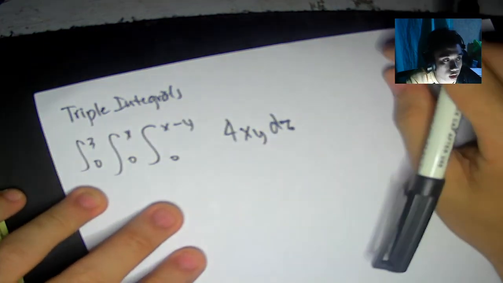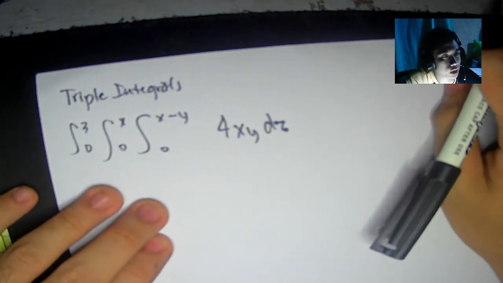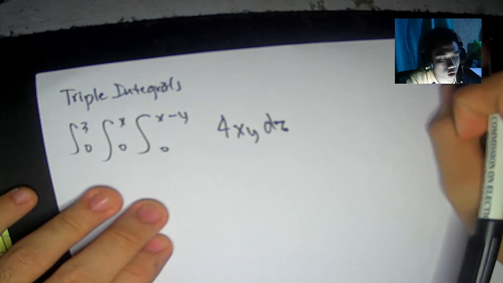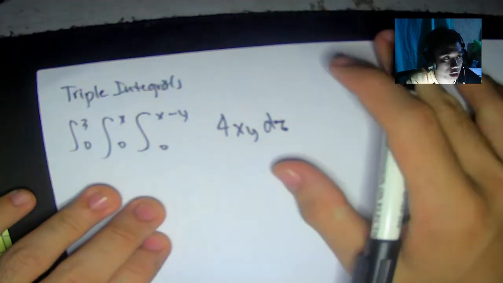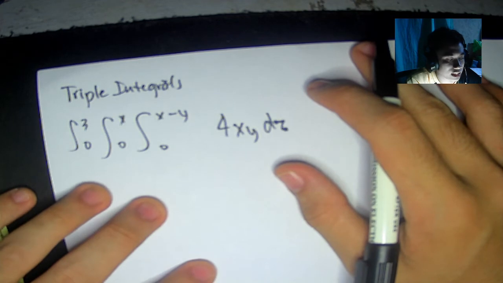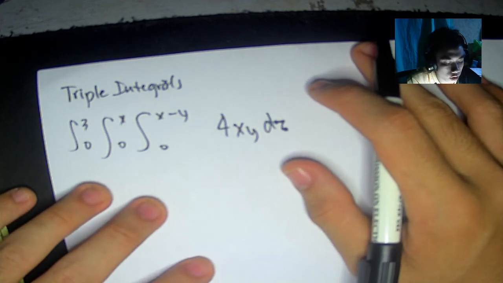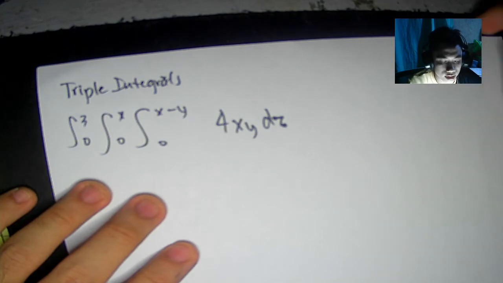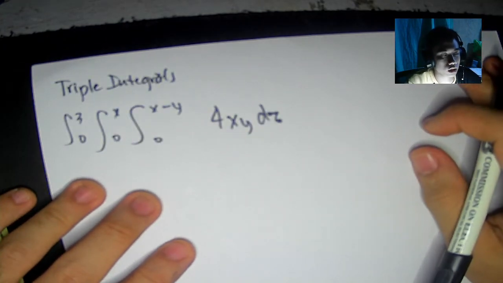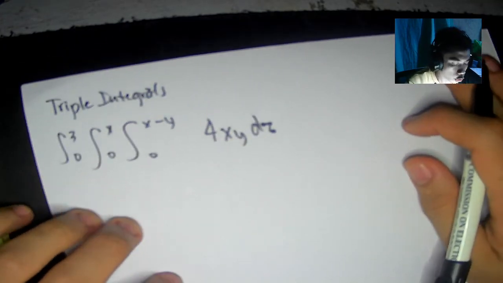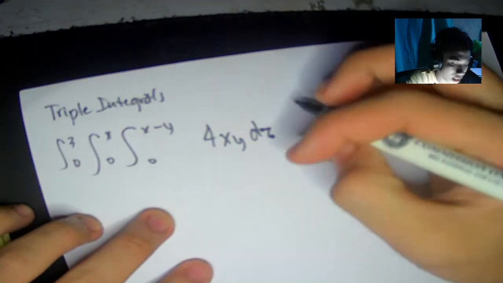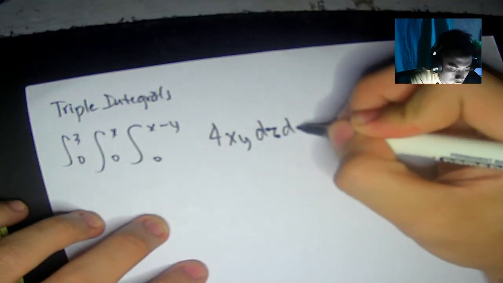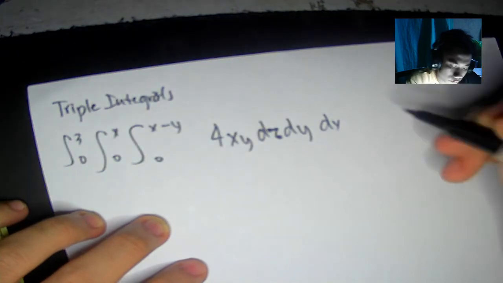When dealing with triple integrals, we have the x, y axes, so we have the two-dimensional. In dealing with another axis, you'll have z. So your function is now in 3 dimensions. So dz, dy, and dx.